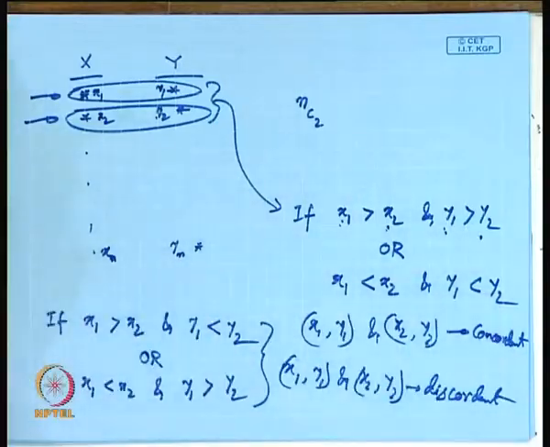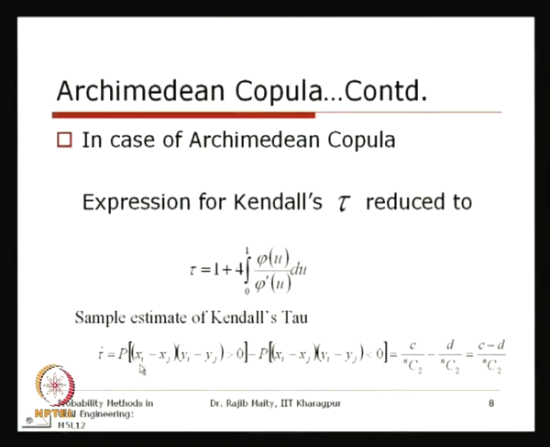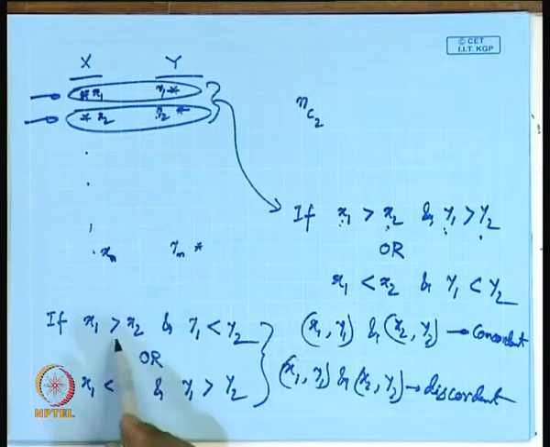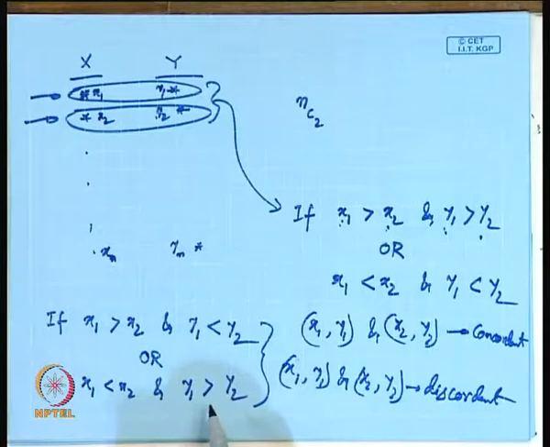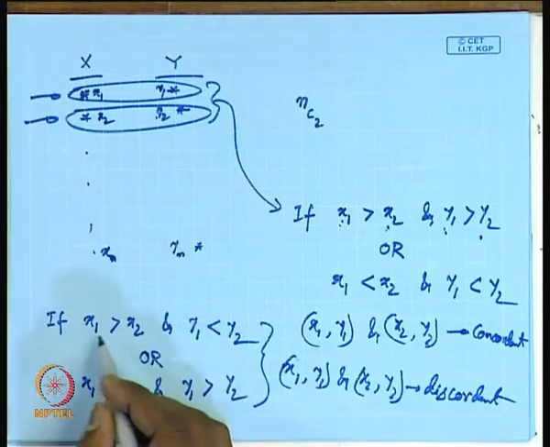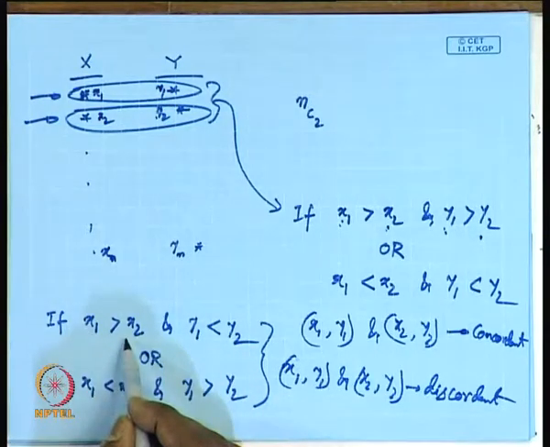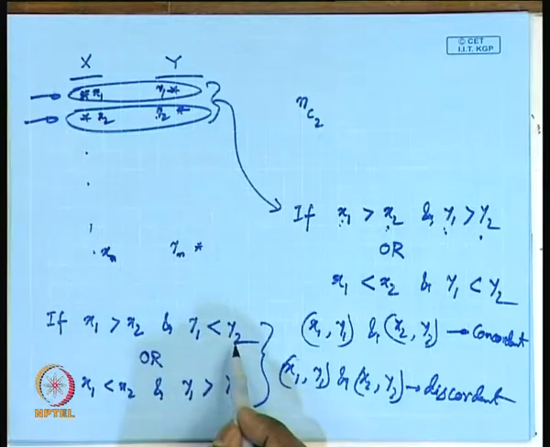That is why it is written here that if xi minus xj multiplied by yi minus yj is greater than 0, it is a concordant pair. And if the opposite happens, greater than and less than, or less than and greater than, then the product x1 minus x2 multiplied by y1 minus y2 will be less than 0.